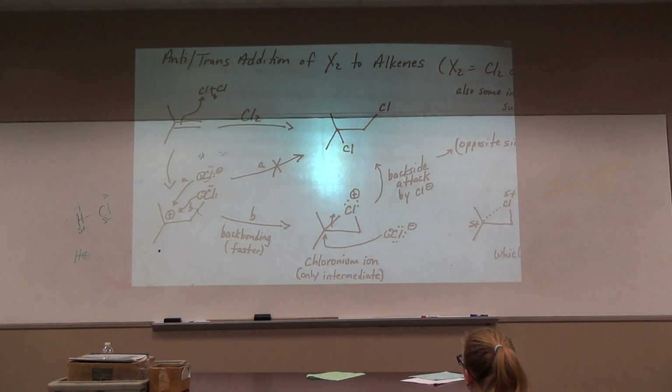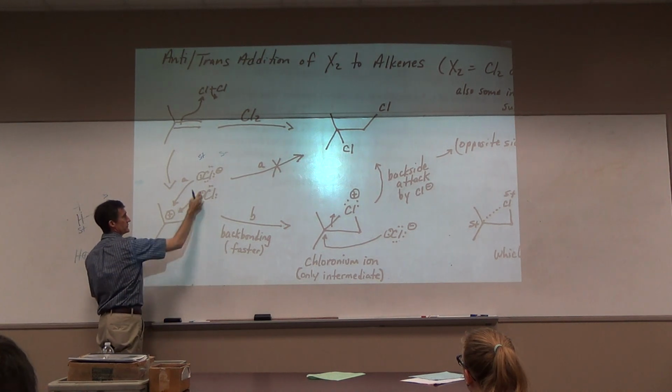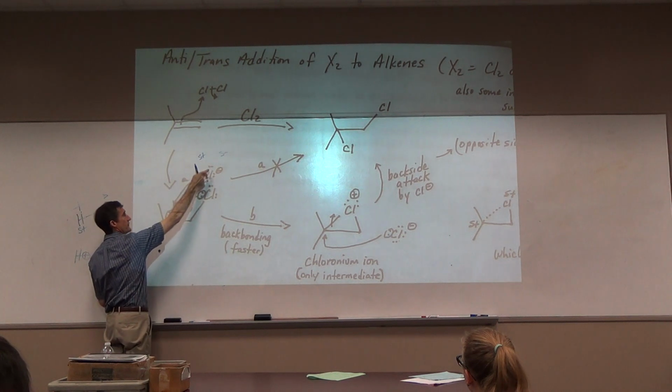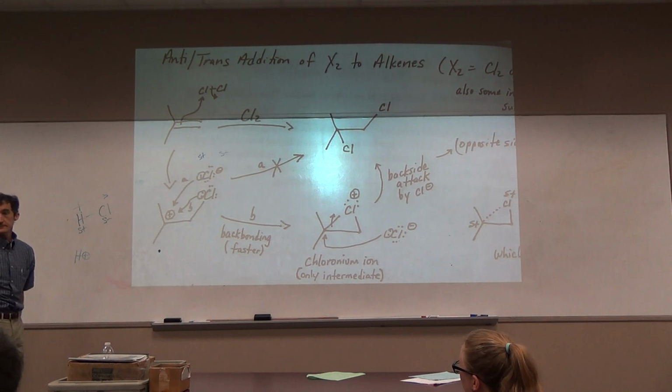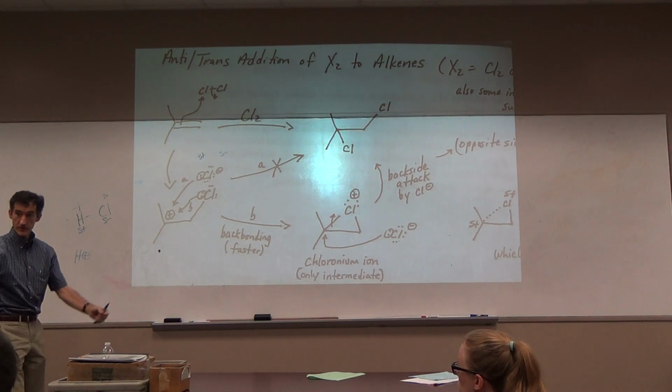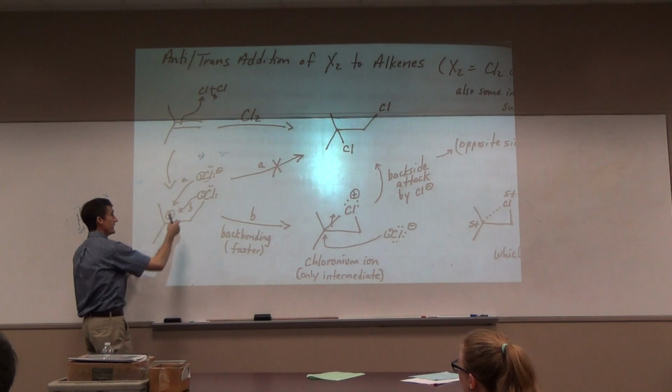Problem is, A is not the mechanism. We know that for a number of reasons. And here's one reason. Which is going to be faster to attack this cation? The lone pair from that chlorine or this chlorine? You chlorine or me chlorine? Who's going to attack it faster? Right here. This is faster.